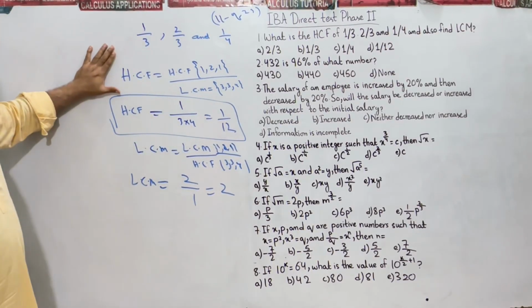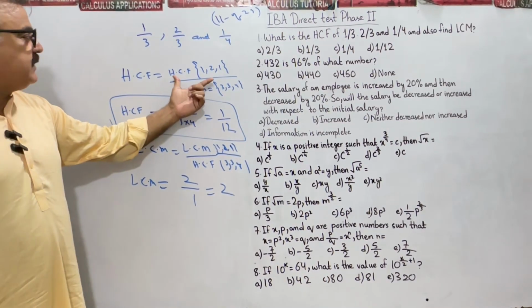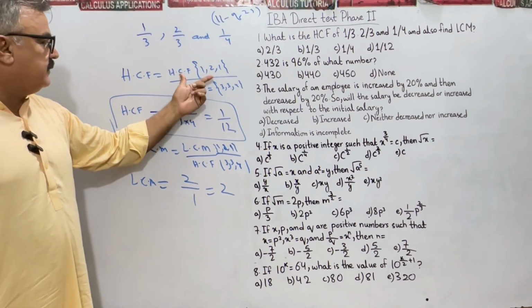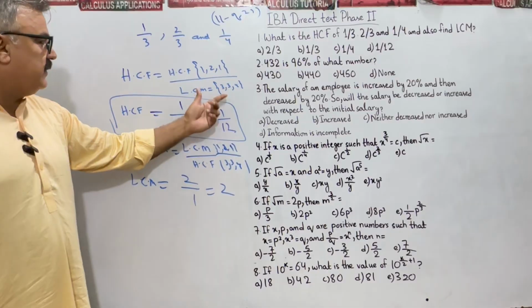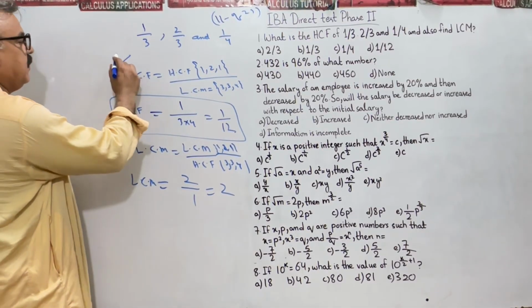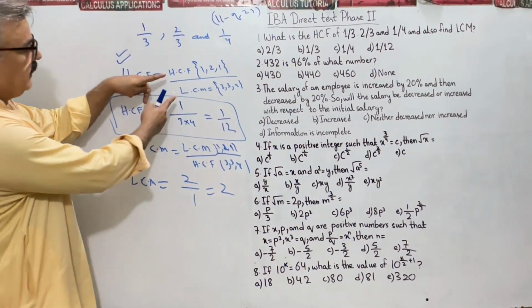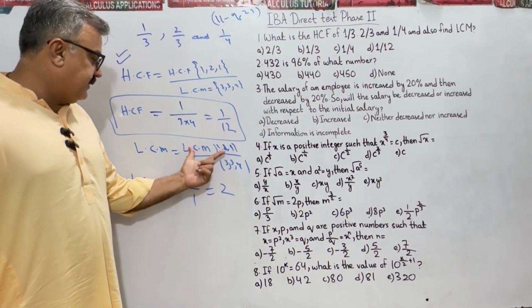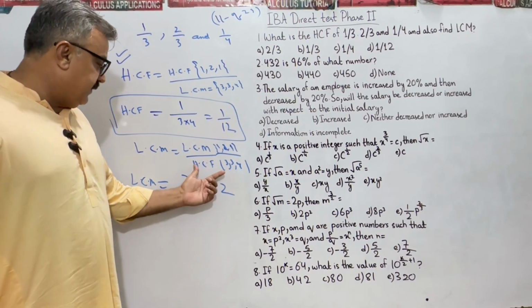In the case of HCF, our working strategy is the HCF of all the numerators divided by the LCM of the denominators. For finding the LCM, interchange them: the LCM of the numerators divided by the HCF of the denominators.